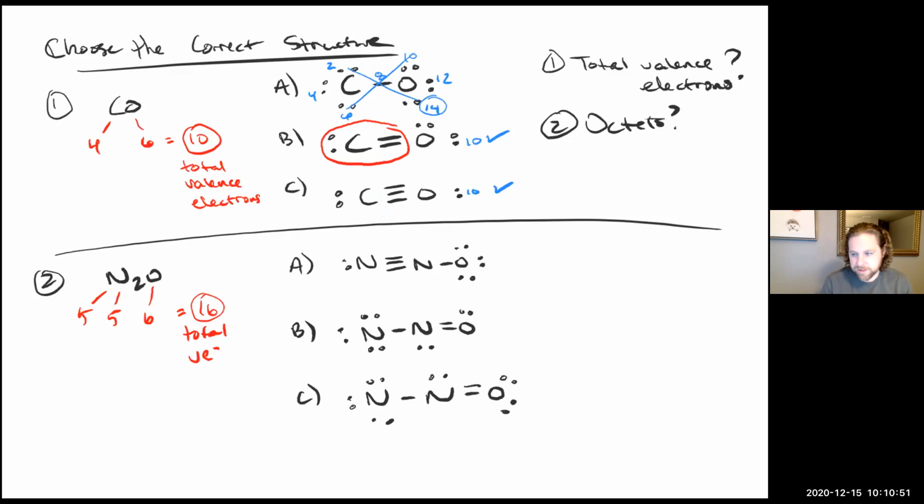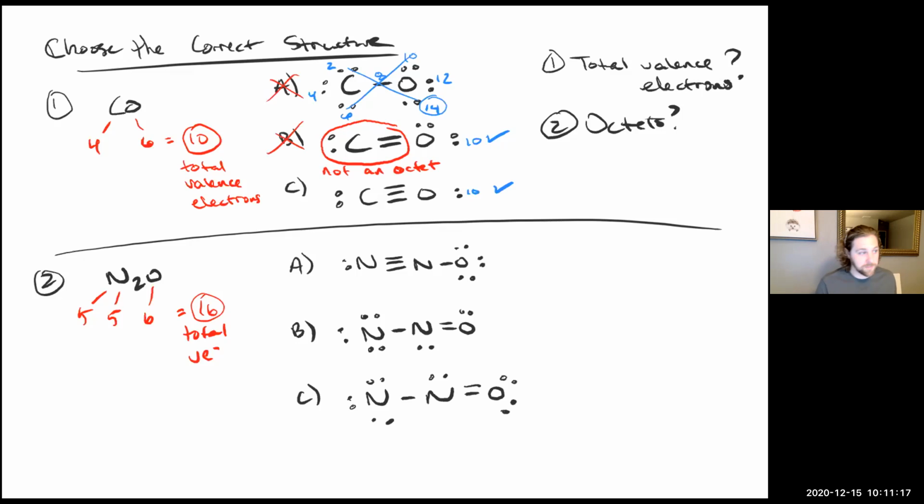These are the electrons that carbon has access to that are immediately touching carbon. And here, already this carbon only has 6. 2, 4, 6. The double bond and the 2 extra dots. So this is not an octet. So B is incorrect. A is incorrect, B is incorrect.